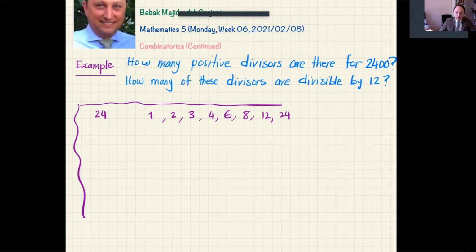But because this number was small, it was immediately possible for me to list all of them and then answer this question. I want to see, how can I cook up these numbers? Do you have any idea? Mr. Babak, couldn't you create a set for all the prime divisors and then consider the cardinality of every subset of these prime factors?